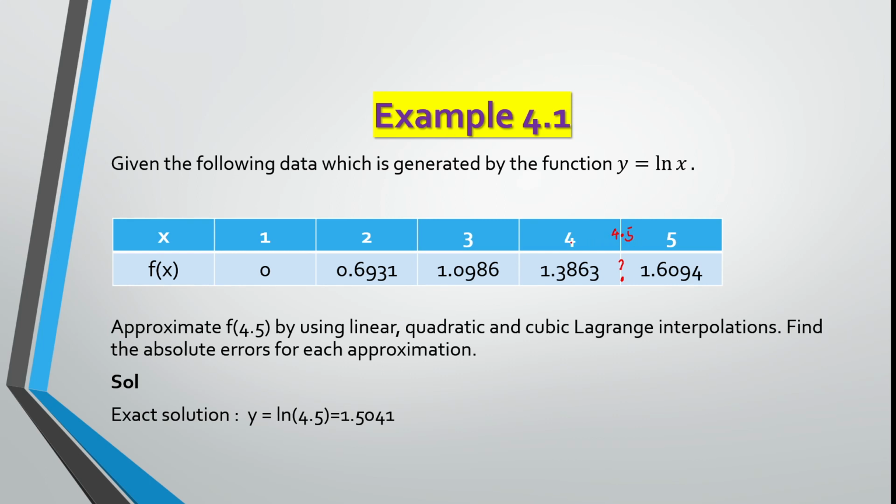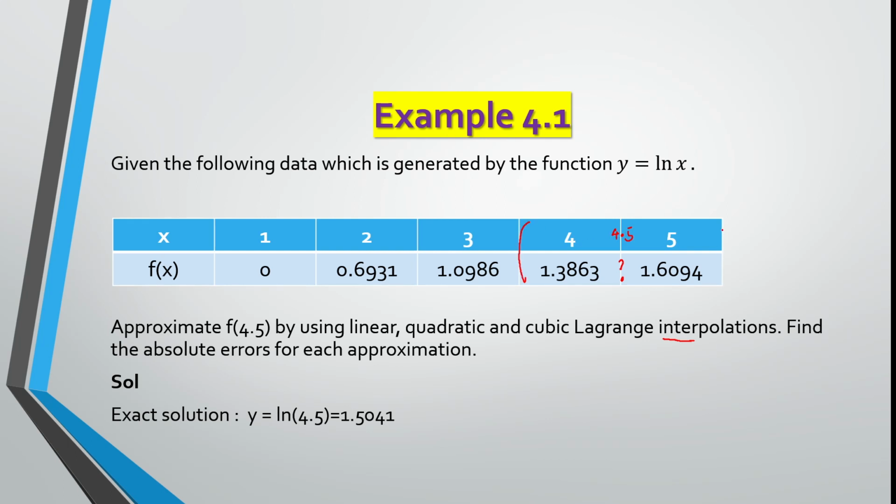You notice 4.5 is between 4 and 5, hence the name interpolation. So make sure the data you are going to approximate is inside the list. If outside, even though you can get an answer, it may not be accurate. So make sure 4.5 is contained in the list, between 4 and 5.